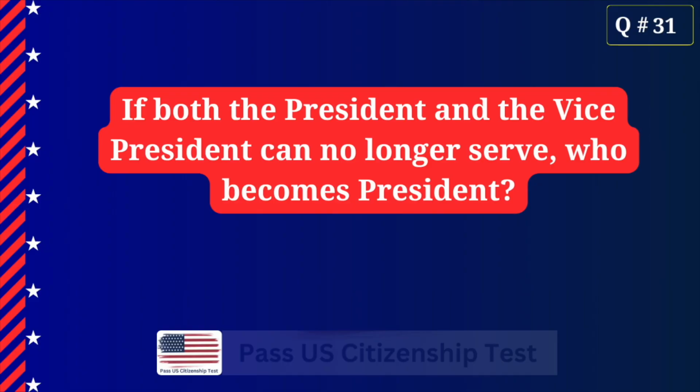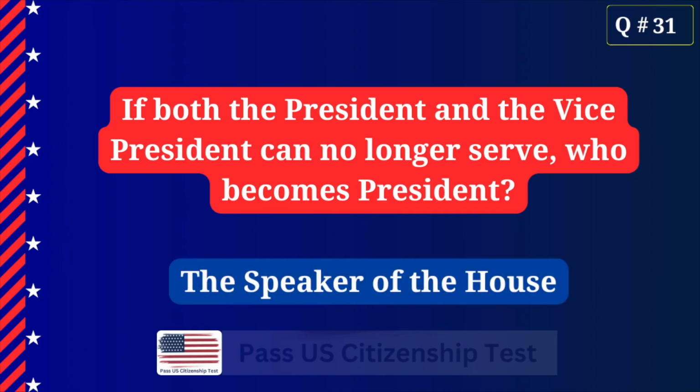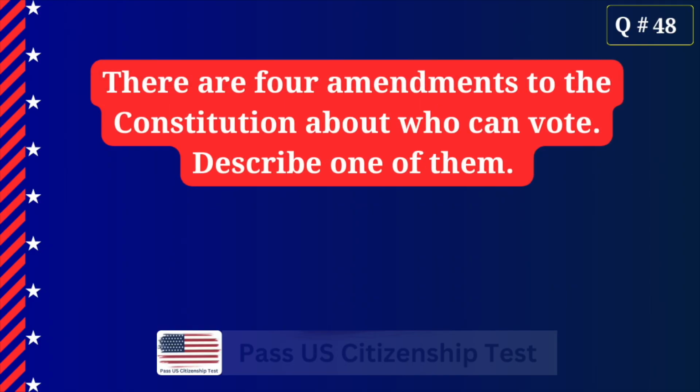If both the president and the vice president can no longer serve, who becomes president? The Speaker of the House. There are 4 amendments to the Constitution about who can vote.